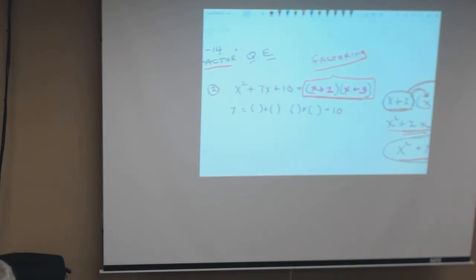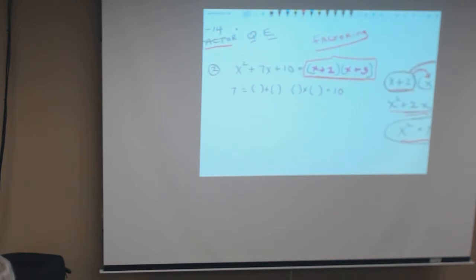Well, I don't know if this helps or not, but see this middle term? We get this middle term by adding two things. And this last term, let's change to blue here, we get this last term by multiplying those same two things.